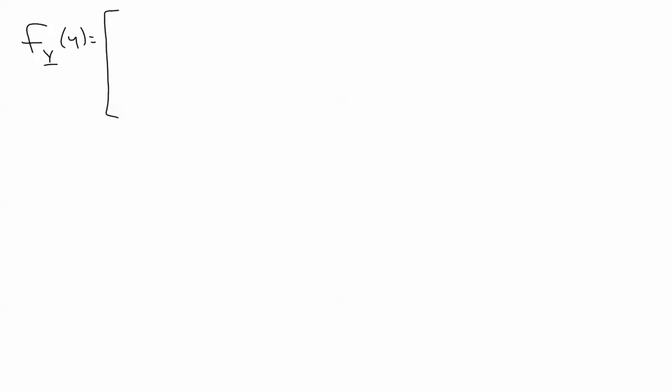I'm going to have 1 over sigma square root of 2 pi, e to the minus y over 2 sigma squared a, times 1 over 2 times the square root of y a, and here's where my step function comes in, u of y.